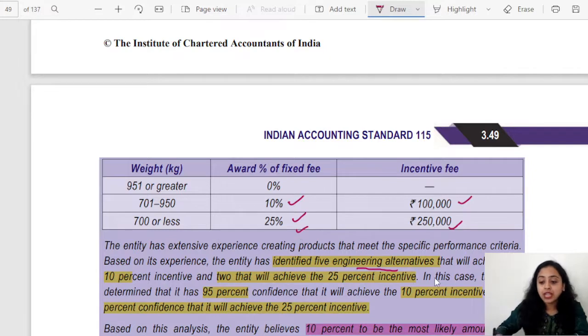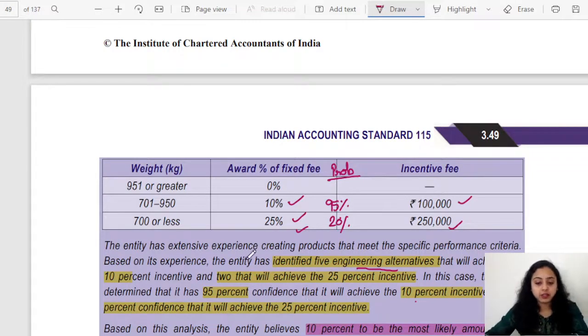In this case, the entity determines that it has 95% confidence, you can say probability, that it will achieve the 10% incentive, and 20% confidence that the firm will achieve the 25% award.